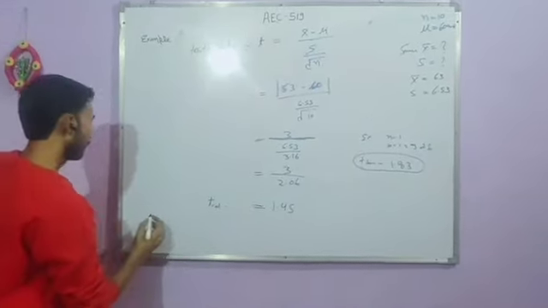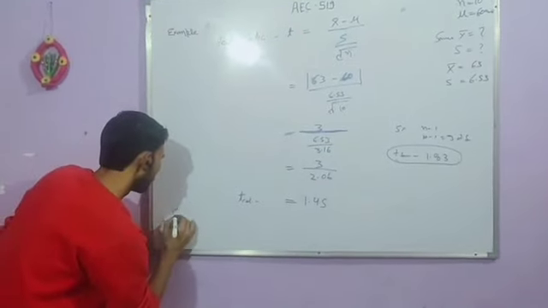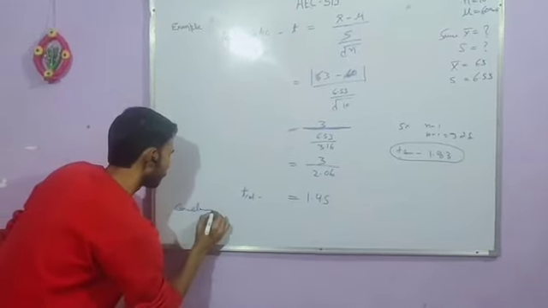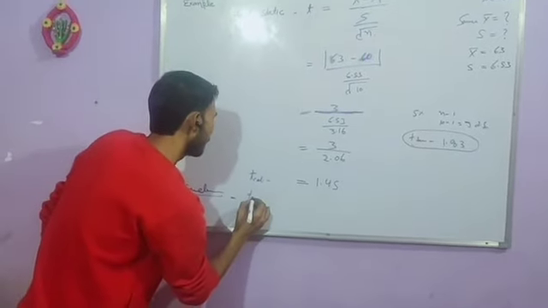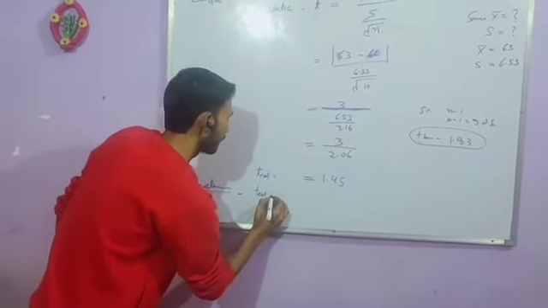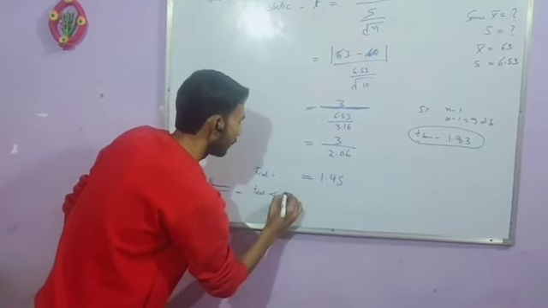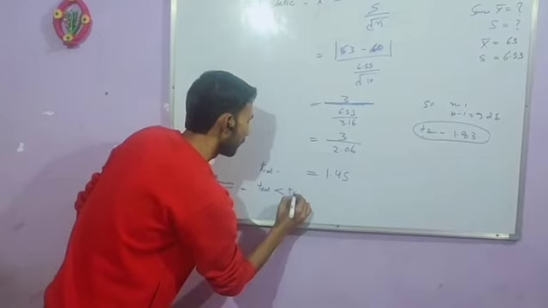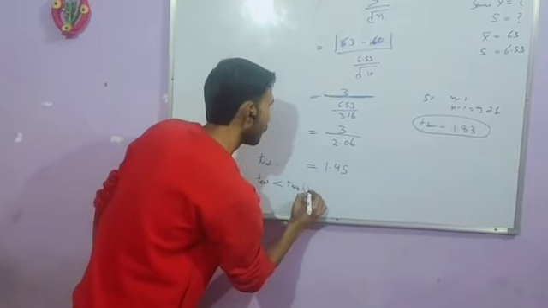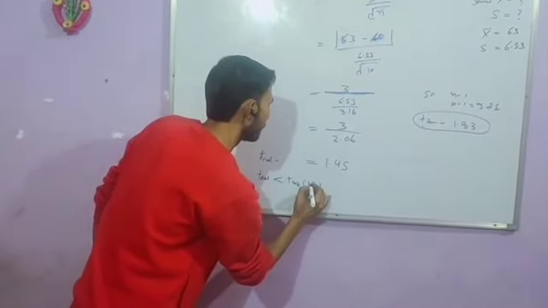So now we write the conclusion. T calculated value is less than T tabulated value 1.83.